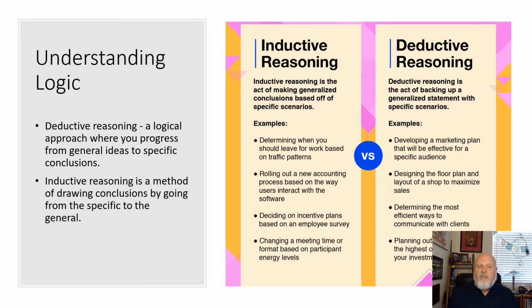We have deductive and inductive reasoning. Deductive reasoning is kind of along the lines of what we just looked at, where we're taking a larger concept and drawing it down. So once again, hey, you are a hockey fan, so you must like the Avalanche because the Avalanche won the Stanley Cup.